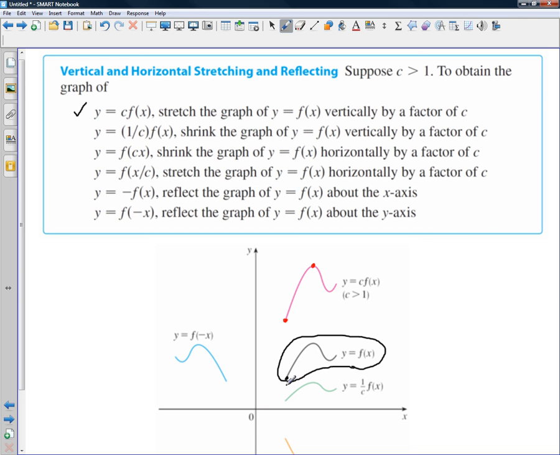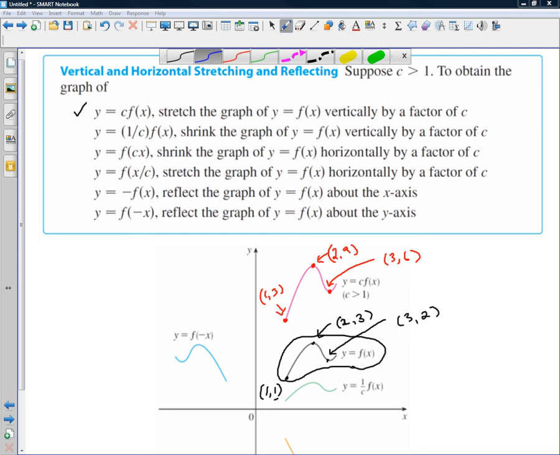If this one went from 1 to 3 and this is back at 2 and it is tripled, then this would be at 2 times 3 or 6, right? So let's make some quick notations for these points. If the point at 1, 1 is stretched by a factor of 3, every y is now 3 times as much as it was before.